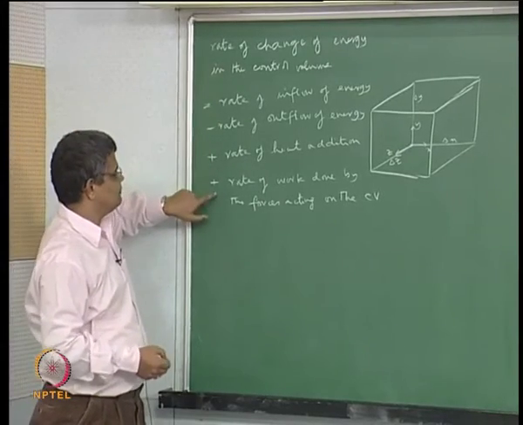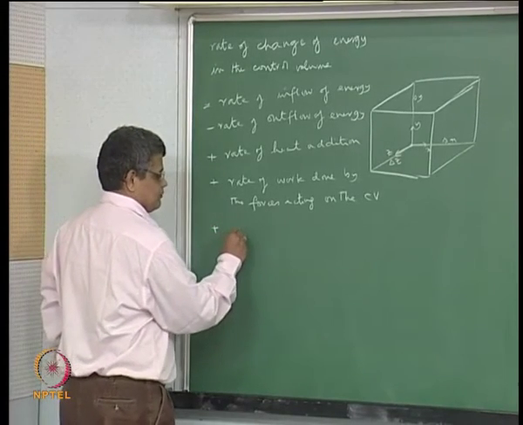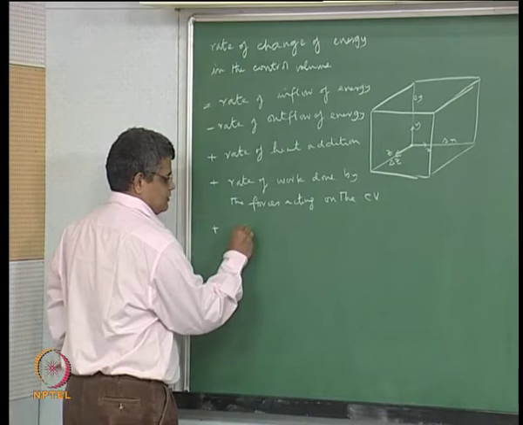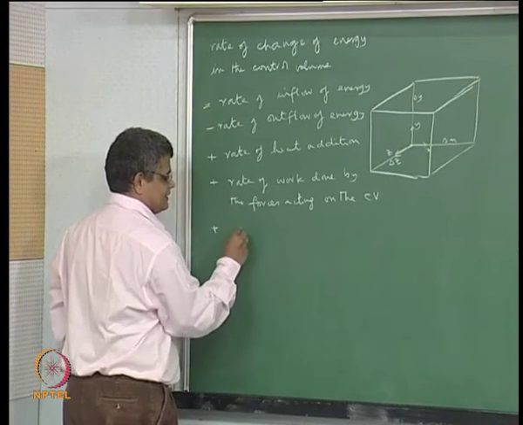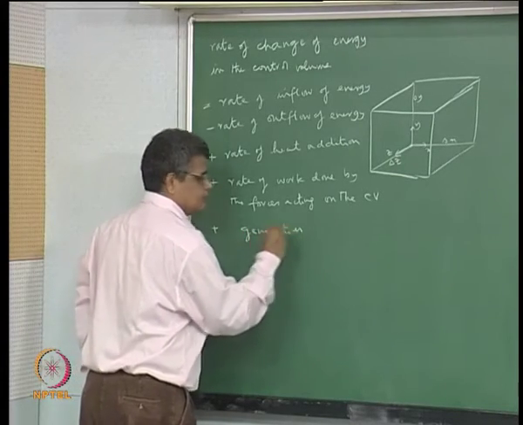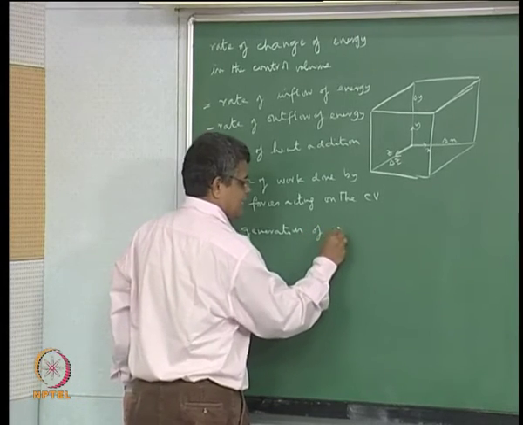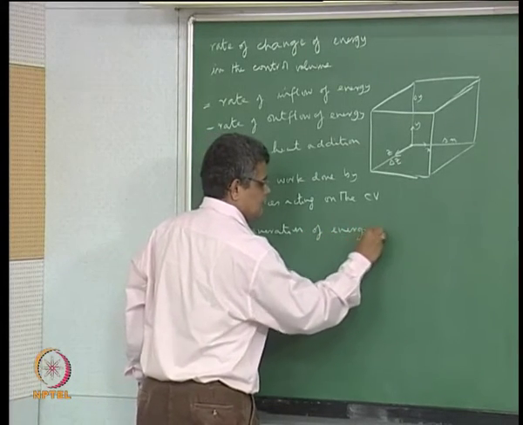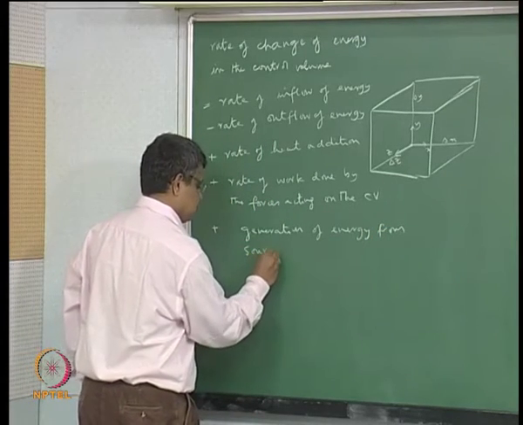So that is why we have plus rate of work done, plus volumetric generation of energy from sources within the control volume.